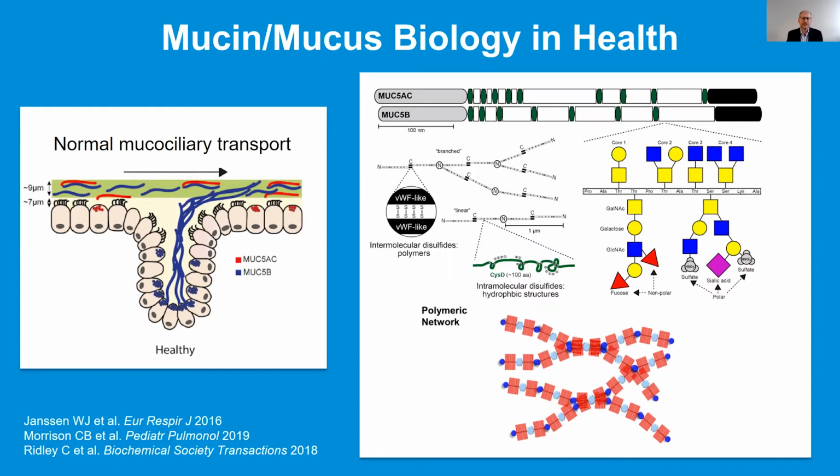complicated glycoproteins that consist of von Willebrand factor-like domains at the N and C termini that are cysteine-rich, where the monomers dimerize via disulfide bonds. The core of the protein is rich in threonine and serine, where it's heavily glycosylated, providing water-drawing properties as well as negative charges.